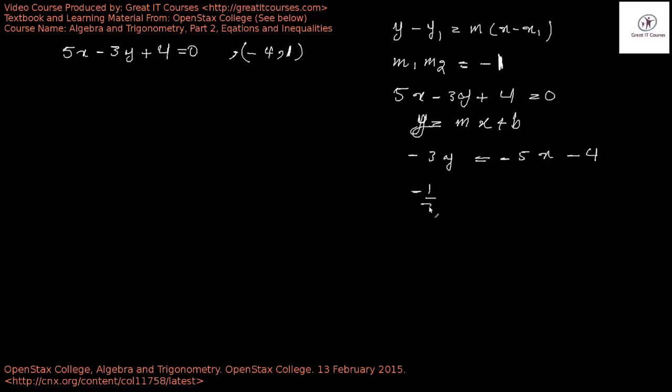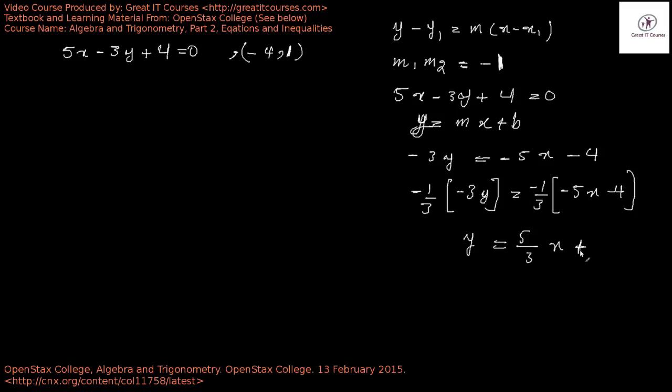So minus 1/3 into minus 3y is equal to minus 1/3 into minus 5x minus 4. So minus 1/3 into minus 3y is equal to y, and this is plus 5 by 3 x, and this is minus into minus, plus 4 by 3.